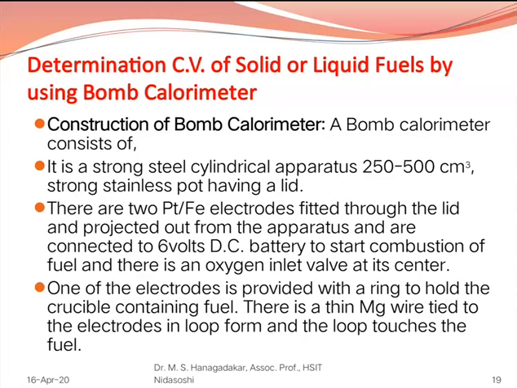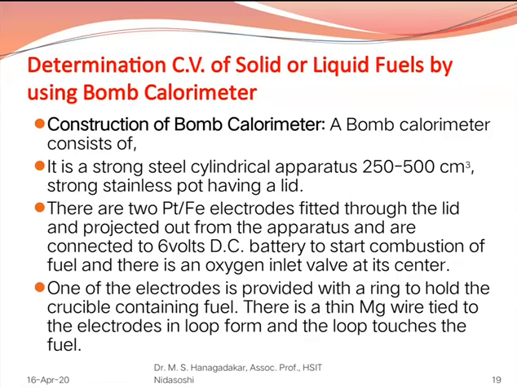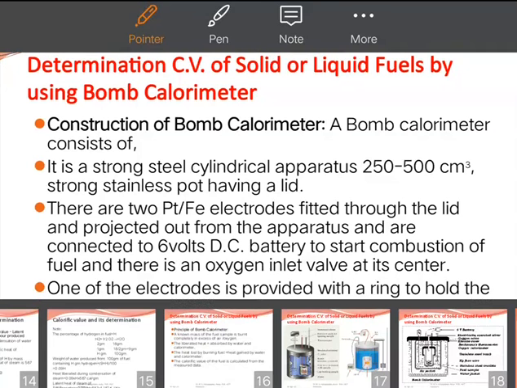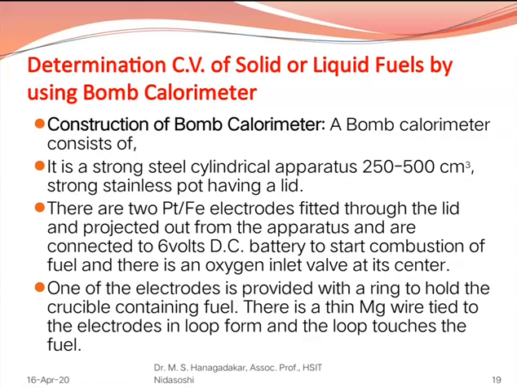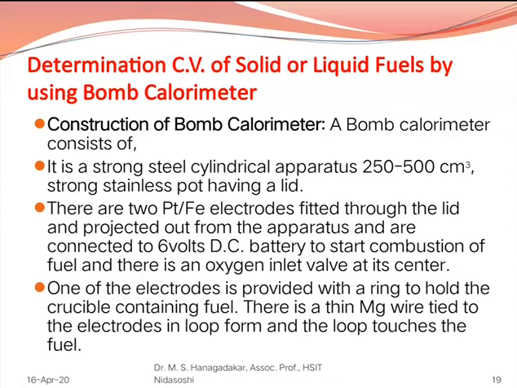A bomb calorimeter consists of a strong cylindrical apparatus made of stainless steel, having a capacity of 250 to 500 cm cube, with a lid to close the apparatus and prevent the loss of heat. Two platinum or iron electrodes are fitted through the lid and project out from the apparatus, and they are connected to the 6-volt battery supply, which is required to start the combustion of the fuel.